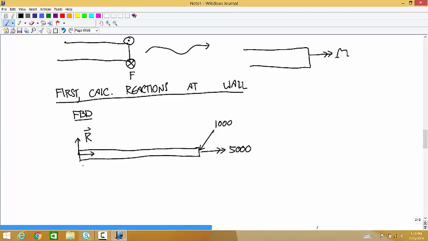I'm going to write it as a component of a couple about the z direction. And this fixed joint also keeps this torque from making this spin around its axis. So in order to do that, the wall has to apply a reaction torque to this side to keep it from rotating. I'll put it in here like this, and I'll call it torque sub R.